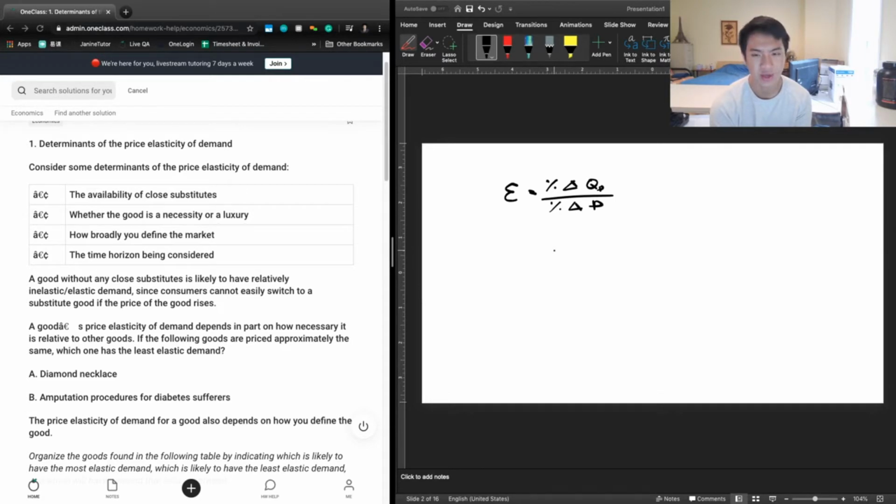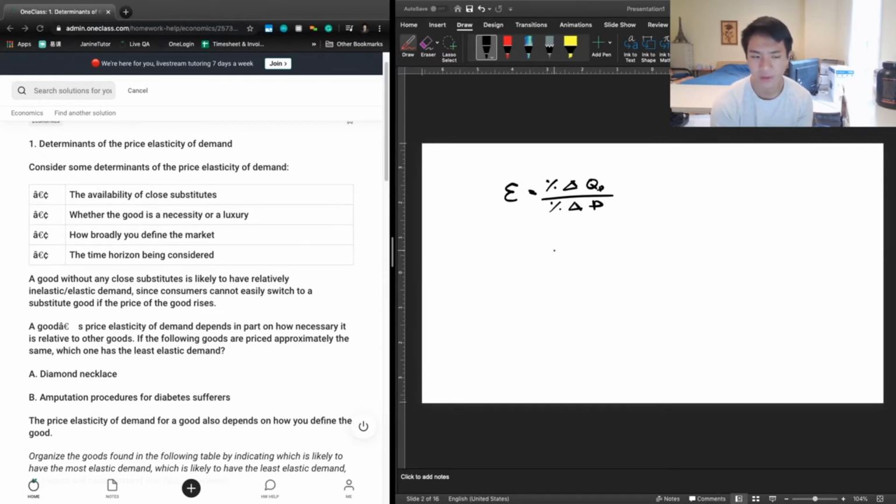So demand is less responsive to price changes than we would expect normally. Whereas elastic demand is referring to the opposite scenario where quantity demanded is more responsive to price changes than we would normally expect to be the case.